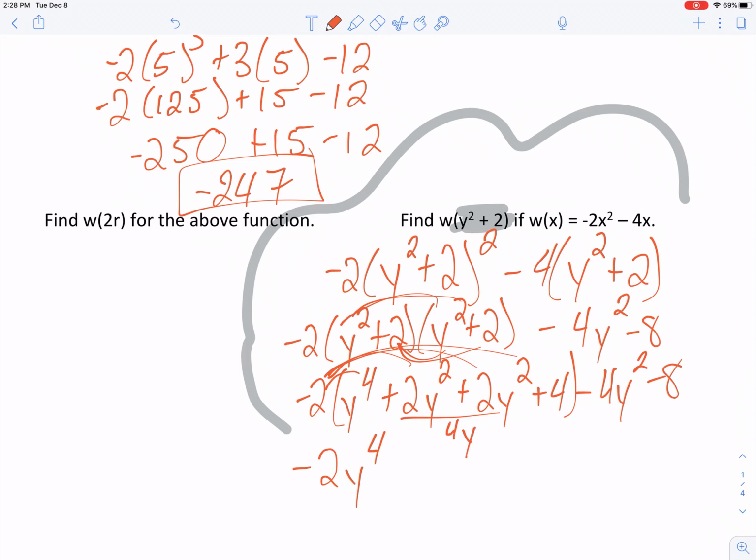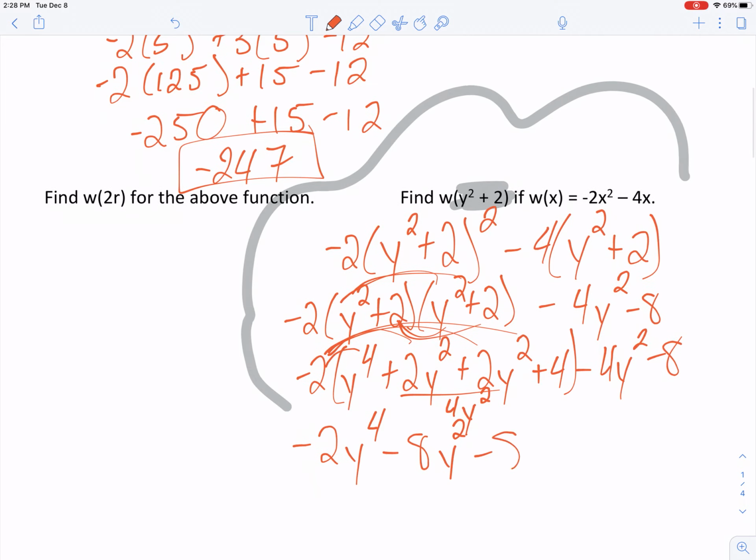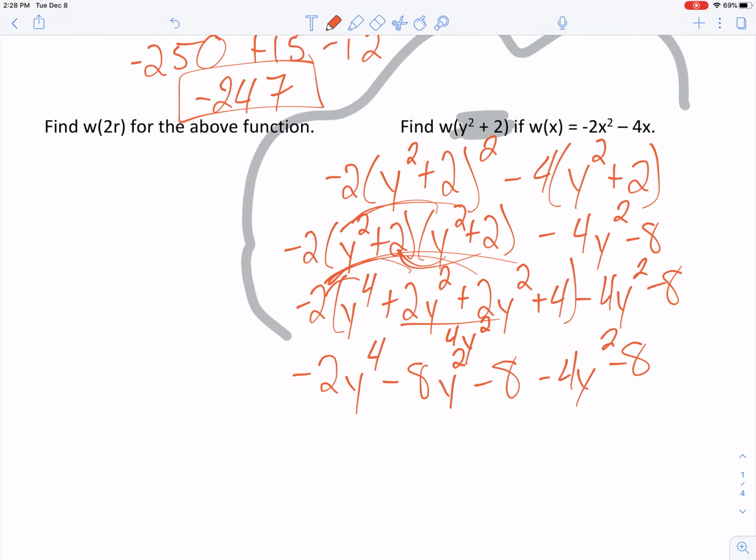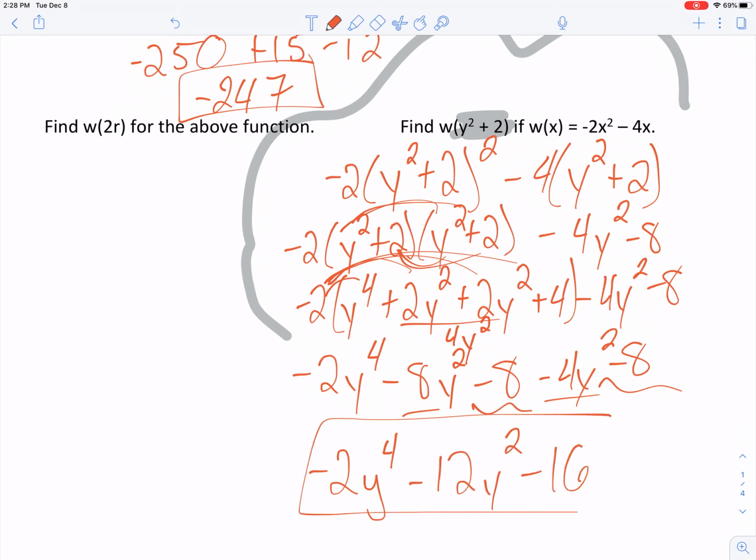That's 4y squared. Then I multiply that by negative 2. It's negative 8y squared. Minus 8. Looks like I have some more like terms to combine for a final answer of negative 2y to the 4th minus 12y squared minus 16.